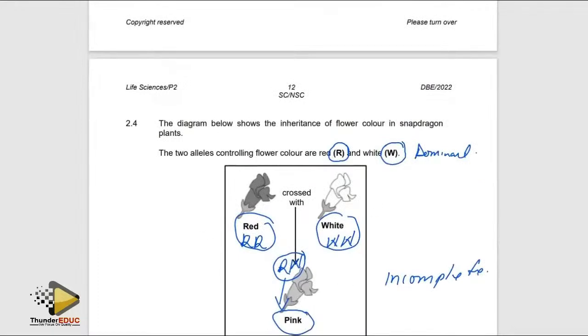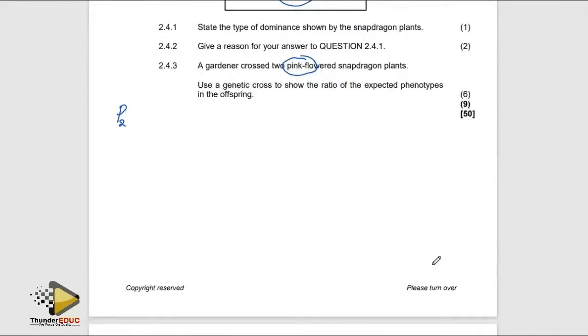So now pink and pink, that's P2. If it's a second generation, we use P2, and we can say F2, second filial generation. We mark this as one tick. So don't forget, if you write P2 or P1, F1, it must be P2, F2, P1, F1. If you write one and you don't write the other one, then you get it wrong. For example, P2 and you don't write F2, you don't get a tick.